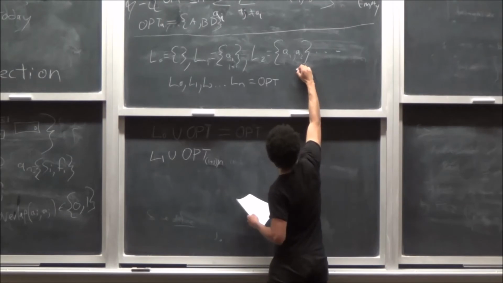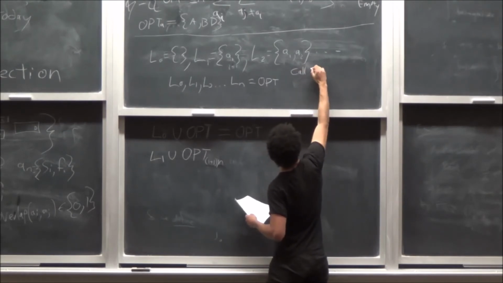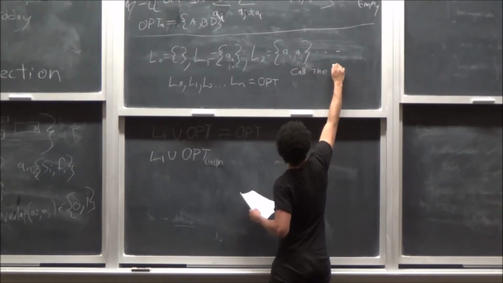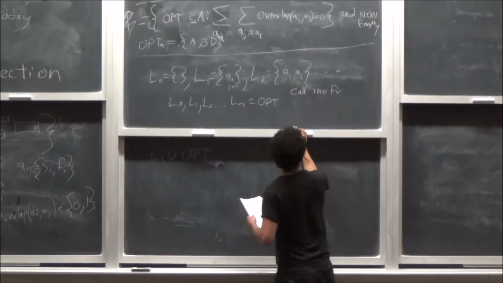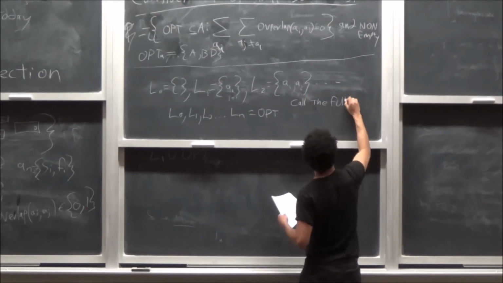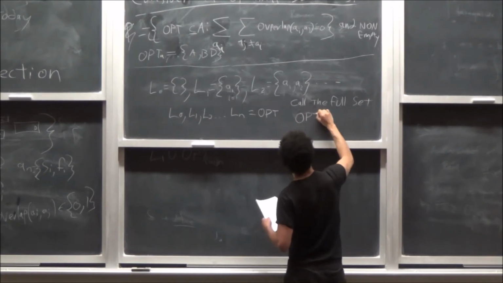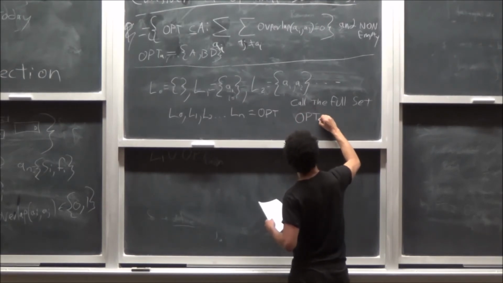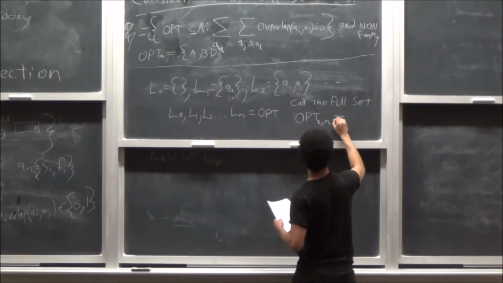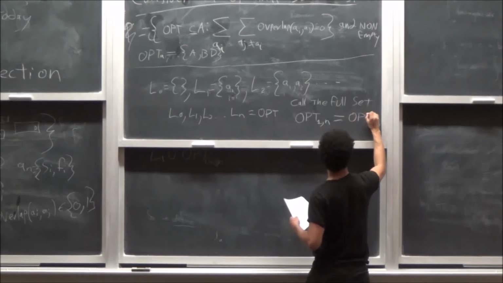So the full set, one to n, is equivalent to OPT.